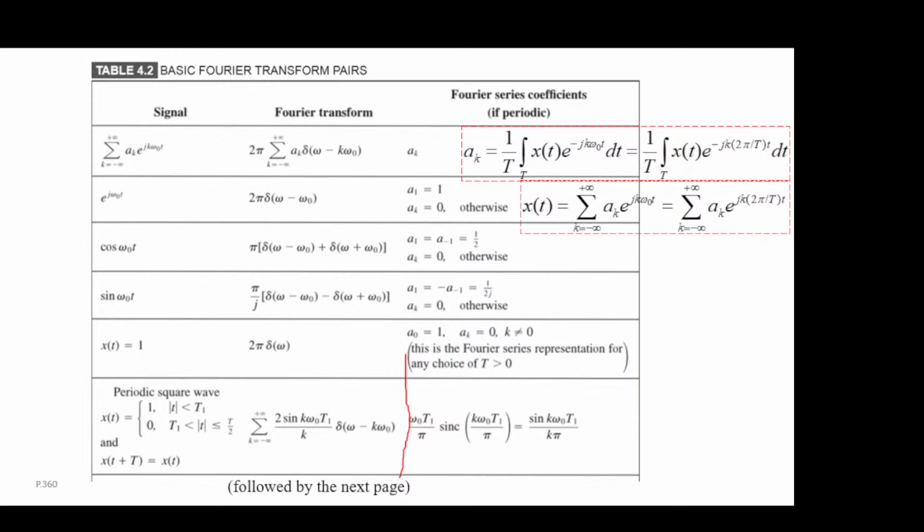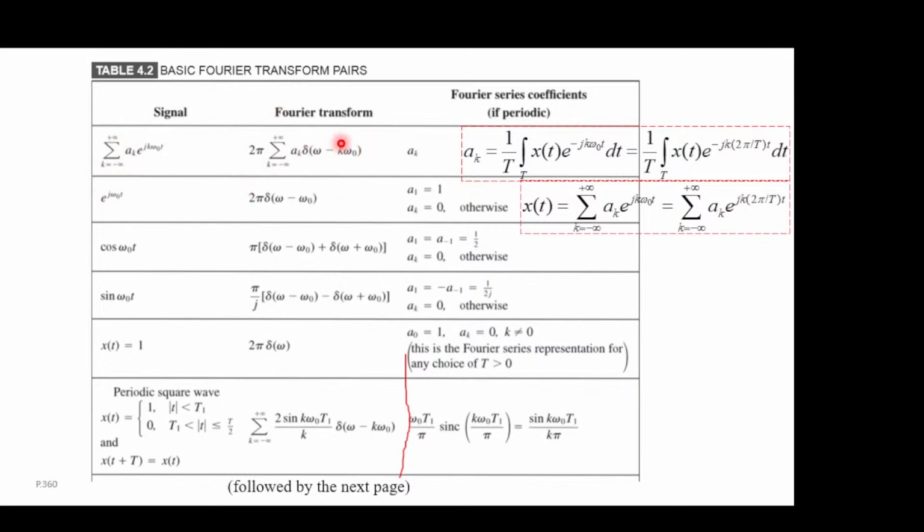We have a lot of Fourier transform pairs here. Let's see, still have time. One thing we've seen is that if a signal is a periodic function, it can be written as a linear combination of complex exponentials.